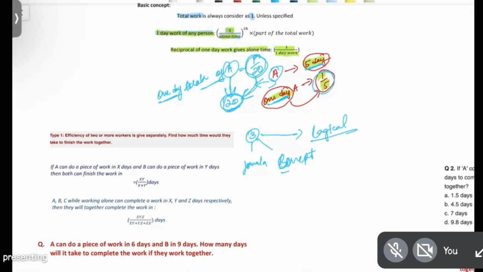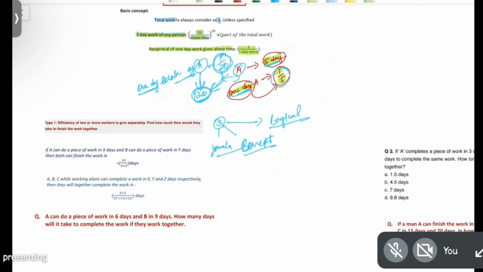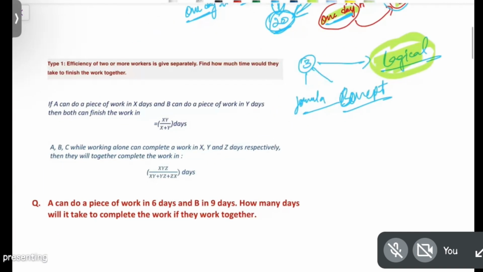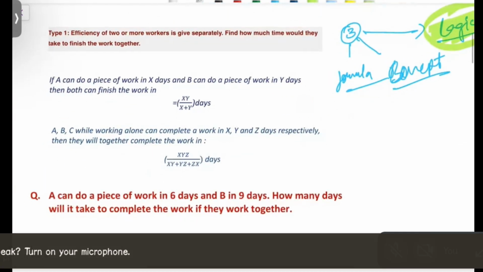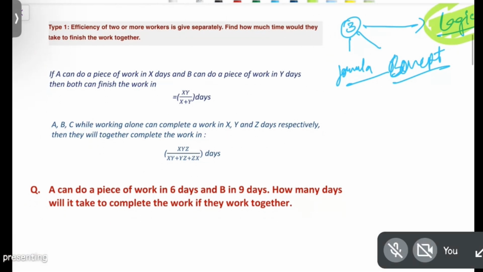Those are the three ways that I'm going to teach you. For me, I prefer the logical one. Why? Because most of the time I used to appear in time-bound exams, so I'm used to logical. If you can follow me in the logical way, that's good, because most questions we can do easily without any formula. But if you are following the formula method, I'll give you a formula explanation of this.